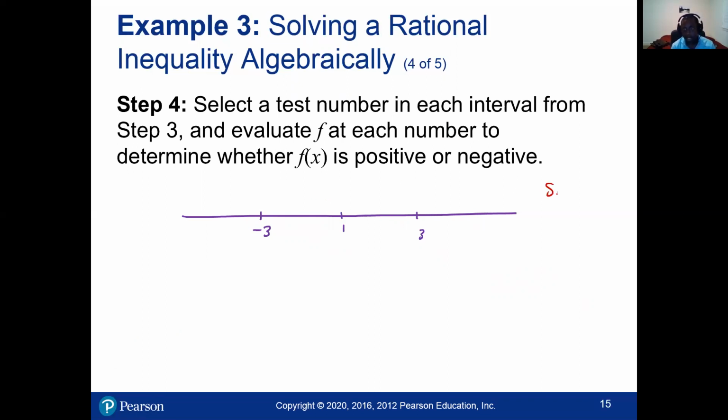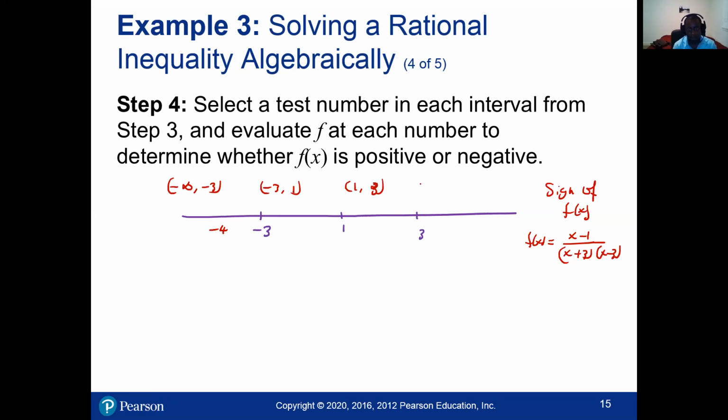This is the sign of f of x, and f of x is x minus 1 over x plus 3 times x minus 3. Just the sign of that. So I use minus 4 for the interval from minus infinity to negative 3, and then we have negative 3 to 1, and 1 to 3.